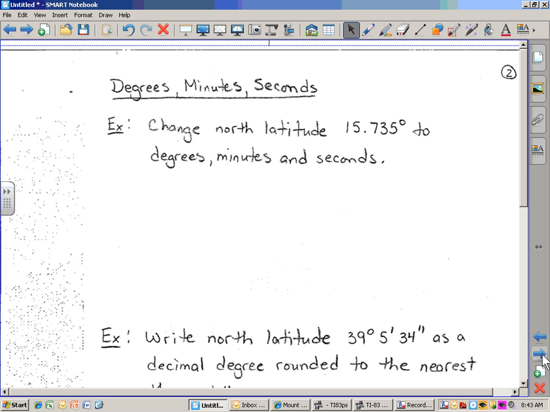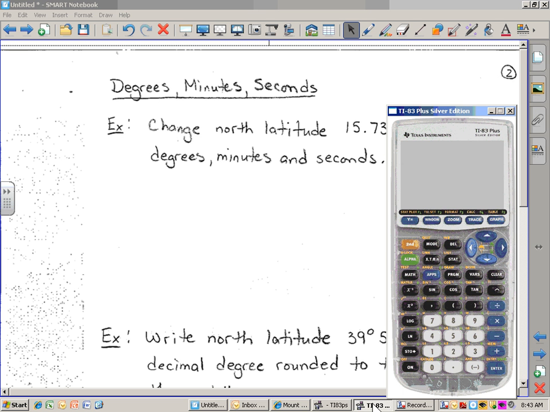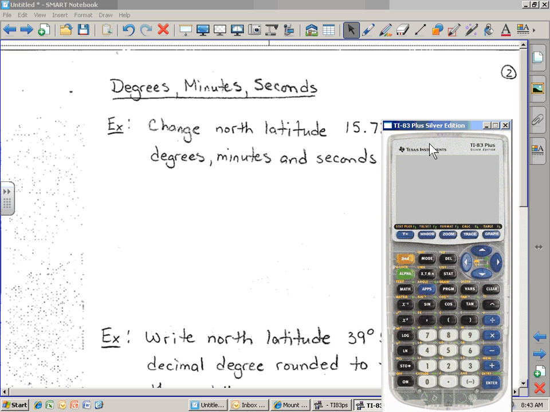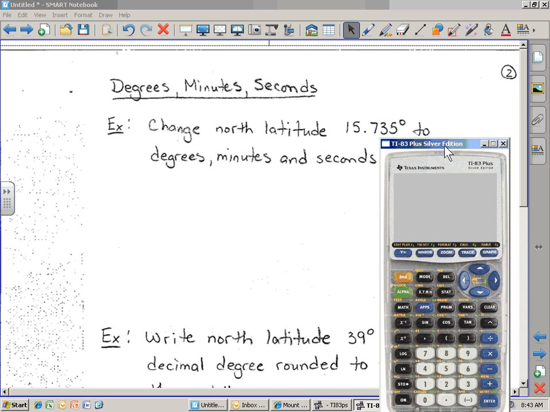The easier way is probably to use technology, but we can do this by hand as well. Let's first approach this with technology. I'm using a TI-83/84 graphing calculator. Okay? And we're going to convert 15.735 degrees to degrees, minutes, and seconds.